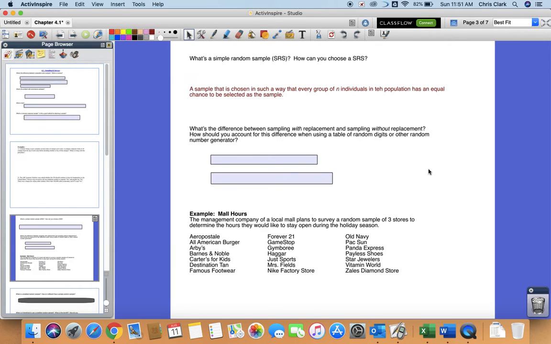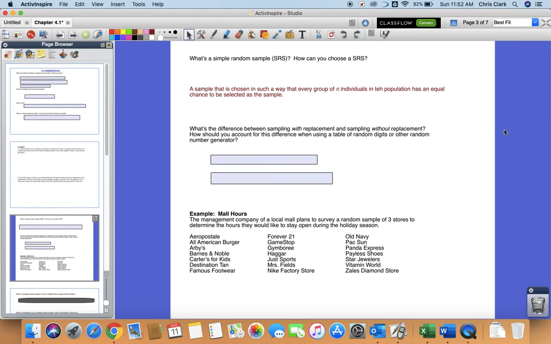But one way to do that is to create random integers. So I would assign every student an integer or a number from 1 to 18, and then I randomly select 3 numbers. We're going to talk about with and without replacement in a second, but that's how I would do it.